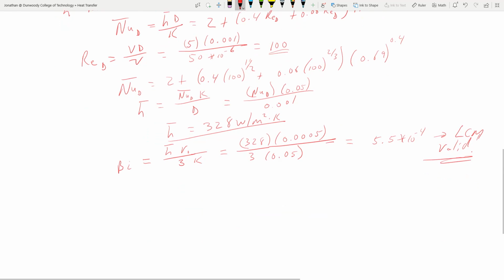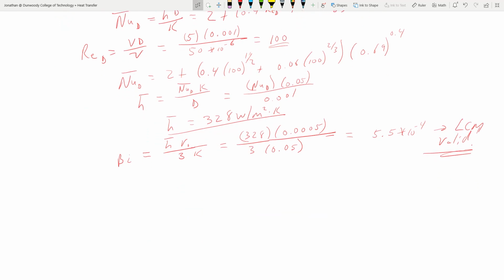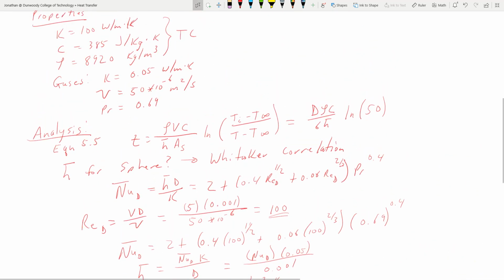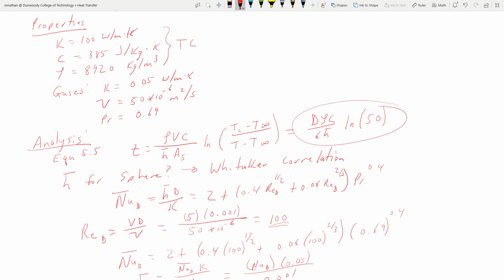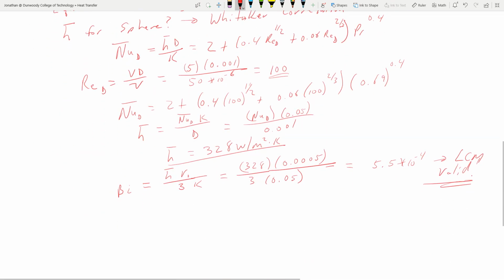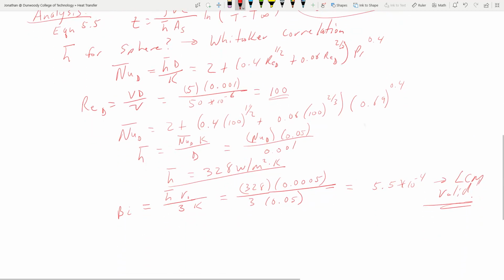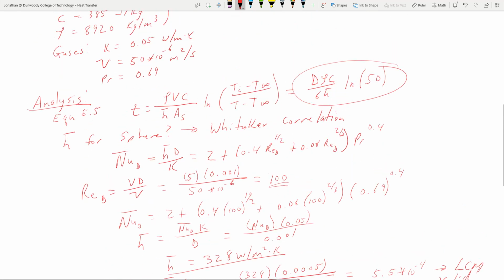So that's good. Now going back to our original time bit here, what do we get with that? So diameter times rho times C over 6 H bar ln of 50. So we get 0.001 times our density for that was 8920, I believe.